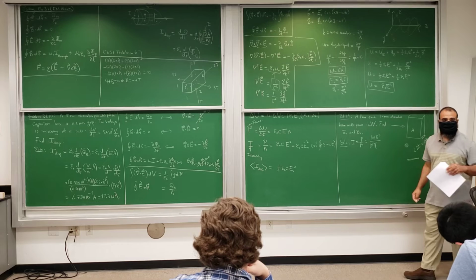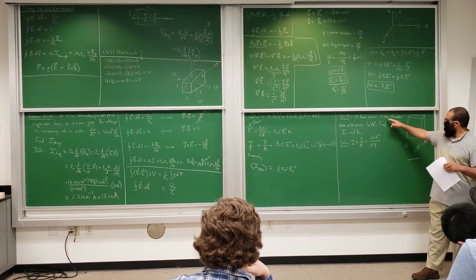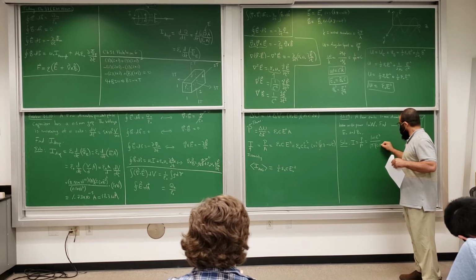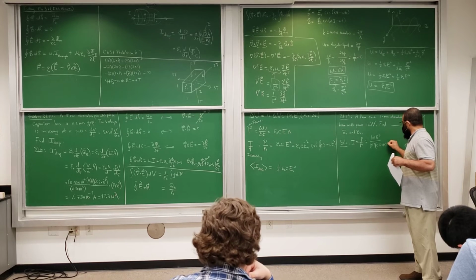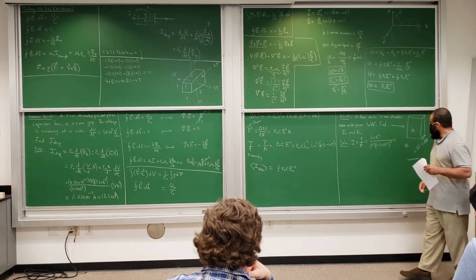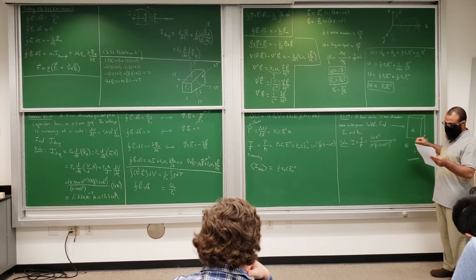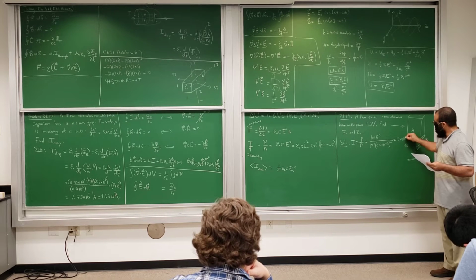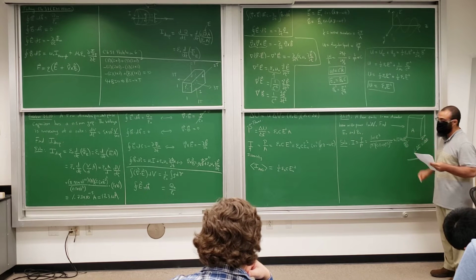What is r? Half a millimeter, right? So 0.5 times 10 to the minus 3, because it's millimeters. And you square it, and you get an intensity of 1,270 watts per square meter. That's the intensity.